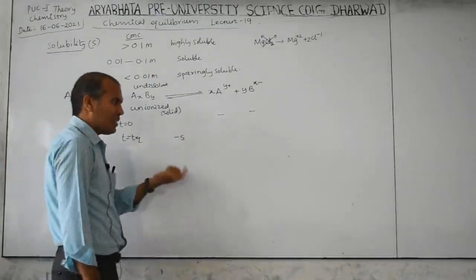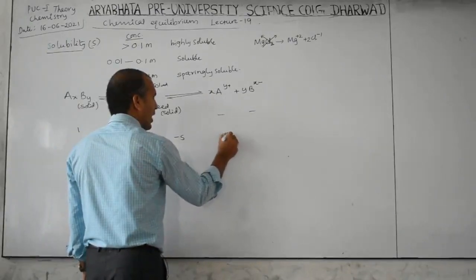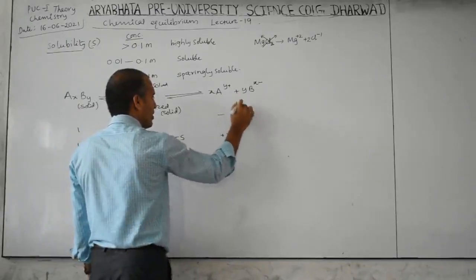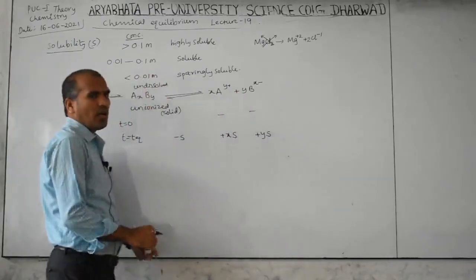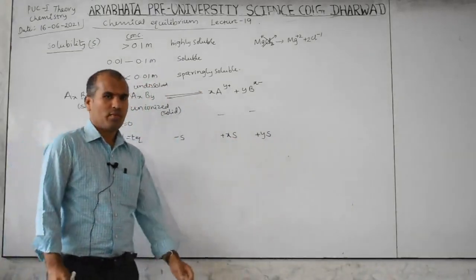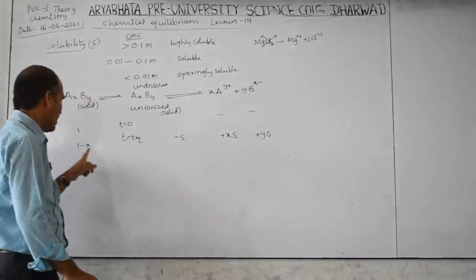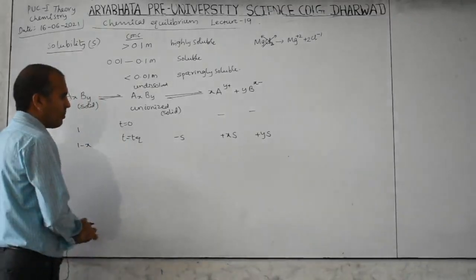Therefore it is minus S, and according to this, plus X moles of S, plus Y moles of S. Always think here according to this stoichiometric coefficient, this solubility term is nothing but like this, X minus X is there, meaning here plus X, like this form.